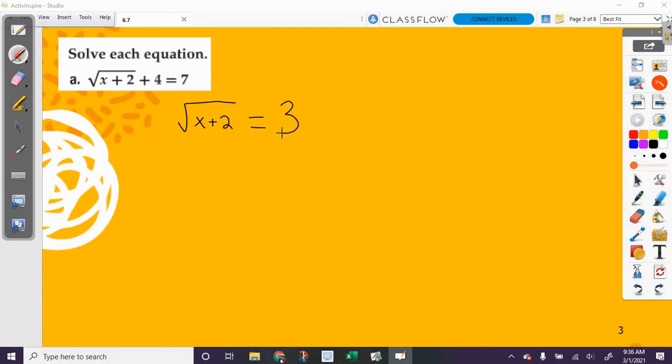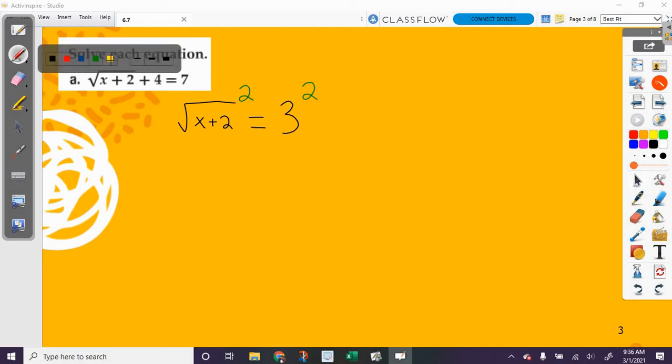Now, once we get our radical by itself, we need to raise both sides to whatever our index is. In this case, we don't have an index, but remember that if it's not a written index, our index is understood to be 2. So I am going to square both sides.